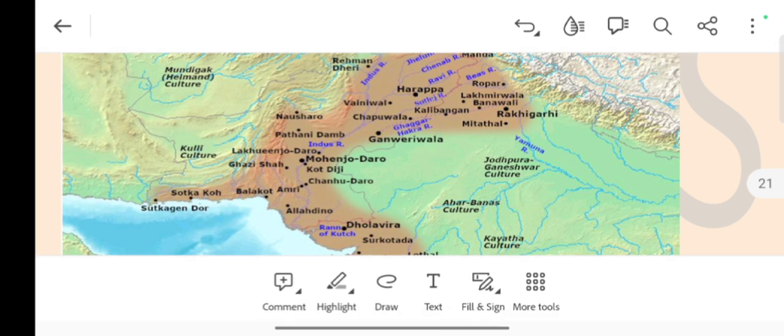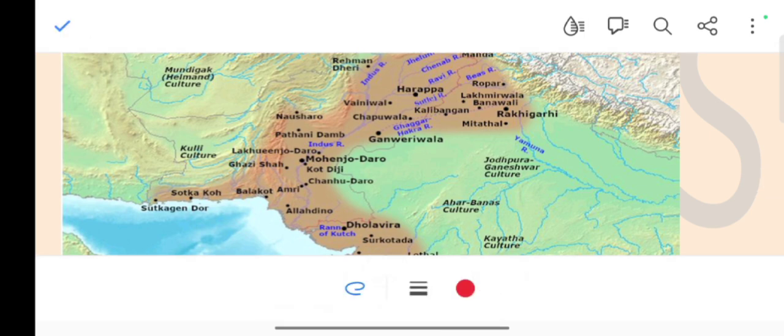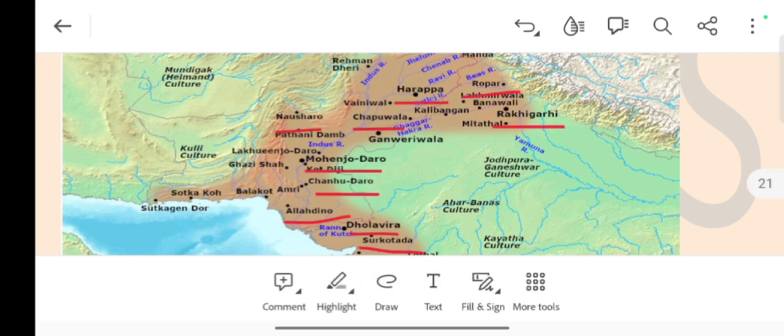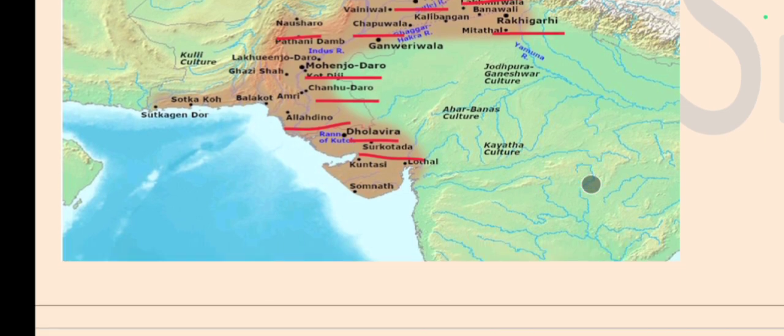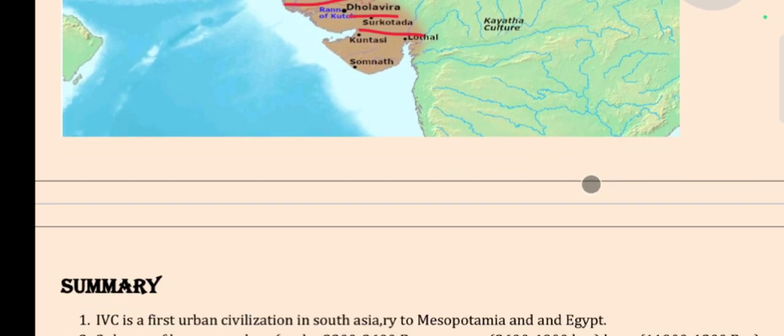Chanhudaro, Allahdino, Dholavira, Surkotada, and Nausharo, Chanhudaro, Rakhigarhi, very important, Ropar. These are all Indus Valley civilization mature phase cities or cultures, where we can find a lot of artifacts also.